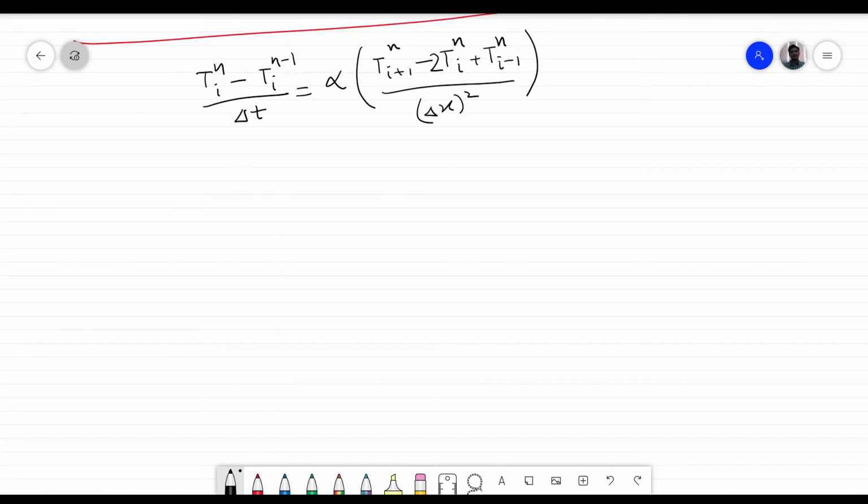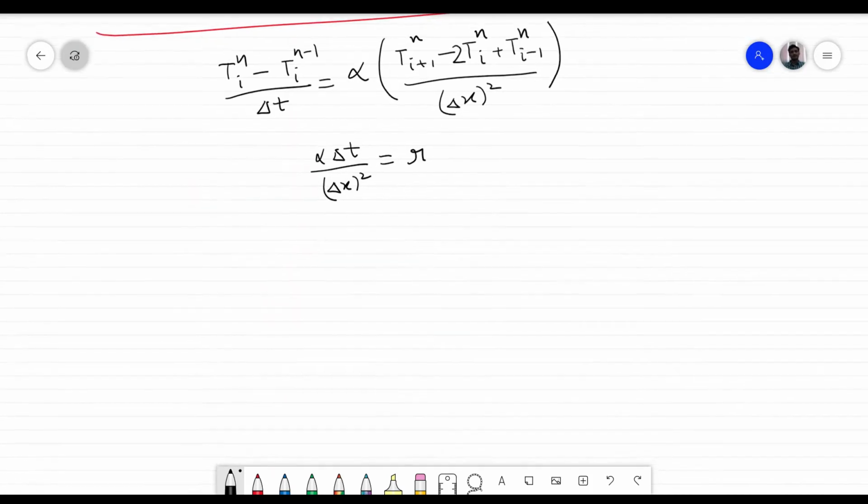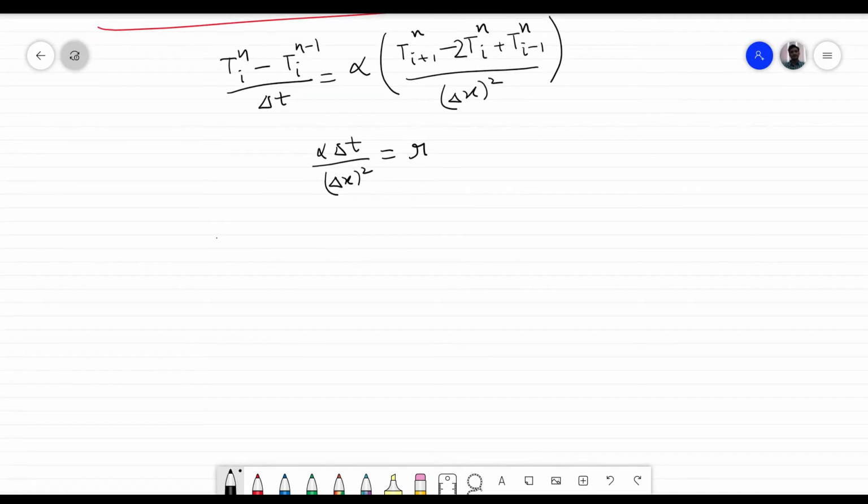Let us take delta t to the right hand side and write alpha delta t by delta x square as some r. Then it becomes ti n plus, that is 2 alpha delta t by delta x square is the coefficient of tin on the right hand side.